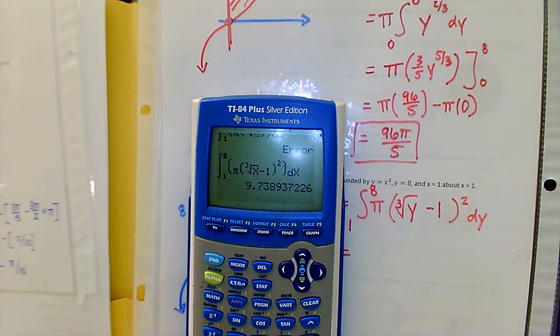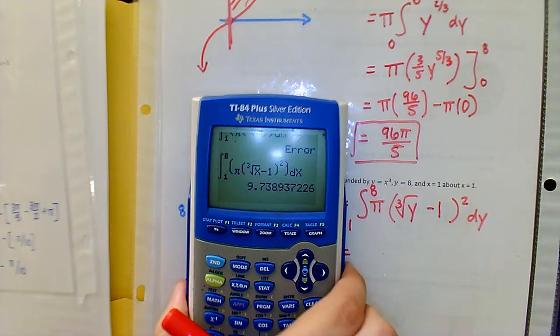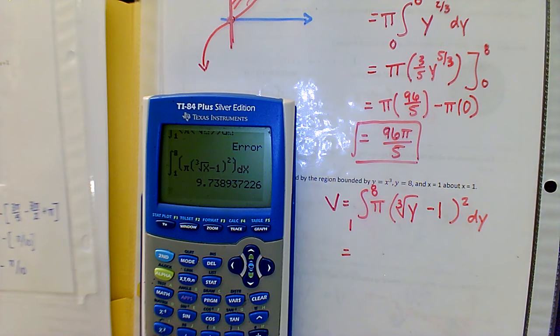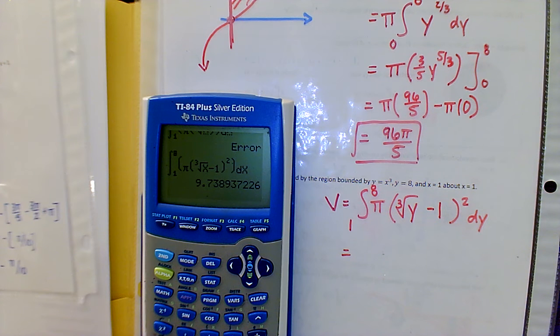And let's see. 9.74-ish? Does that sound about right? I'm not sure if I typed that in right or not. You got something different?